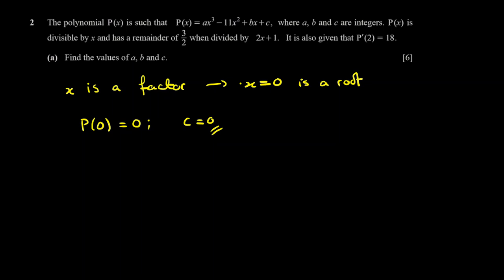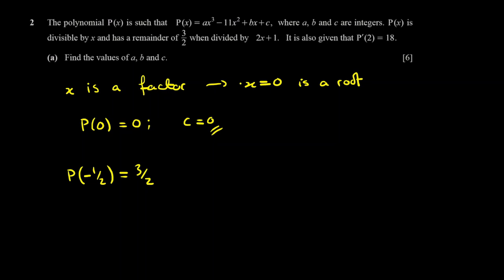Okay, the next one, if we have a remainder of 3 upon 2 when we divide the polynomial by 2x plus 1, well, that means that if we were to substitute in negative a half into the polynomial, we will get 3 upon 2, right? That is exactly what this statement here means. Now, if you're not sure about that, that is a statement of the remainder theorem.